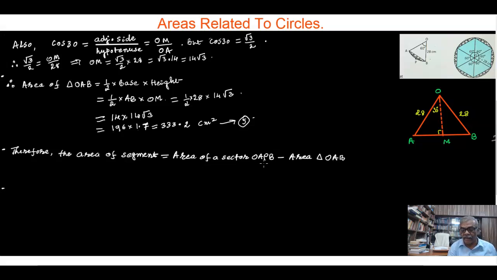Therefore the area of the segment equals area of sector OAPB minus area of triangle AOB, and that equals 410.67 minus 333.2, from equations 3 and 5.